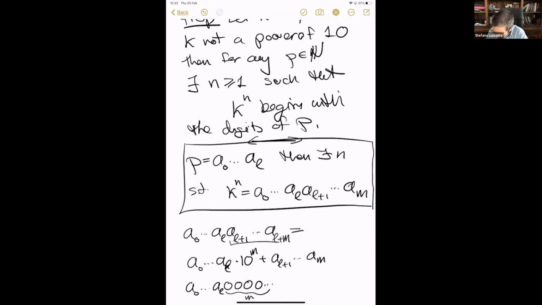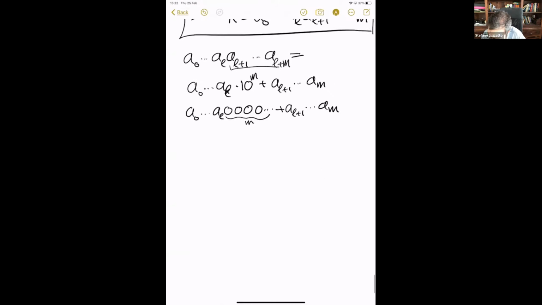Yes, thank you very much. So this is m terms, and this is plus al plus 1 to am. So our original number p is equal to a0 to al.